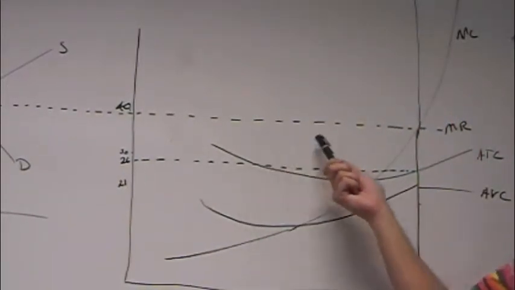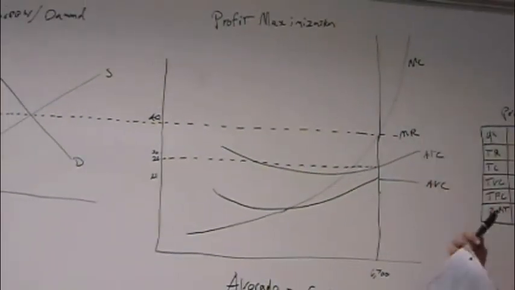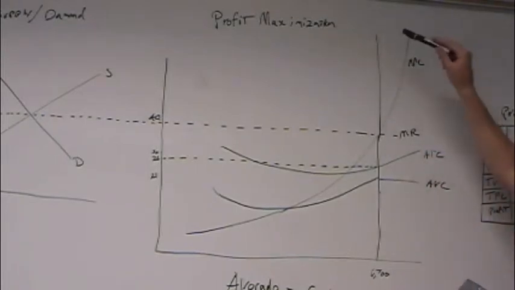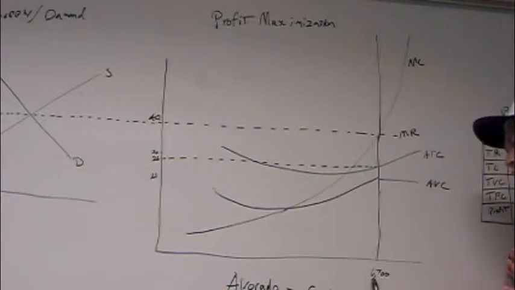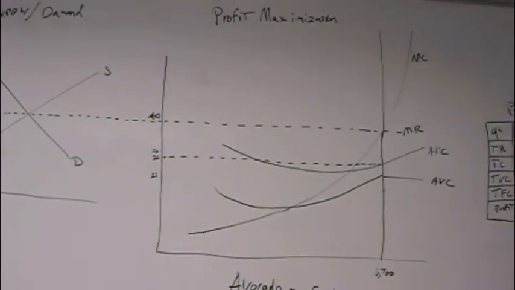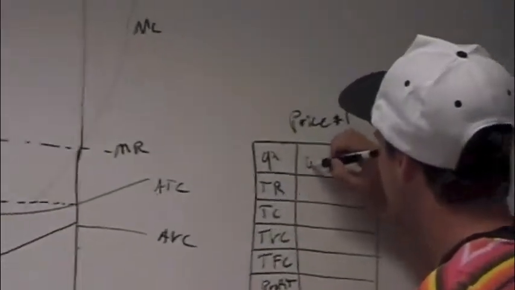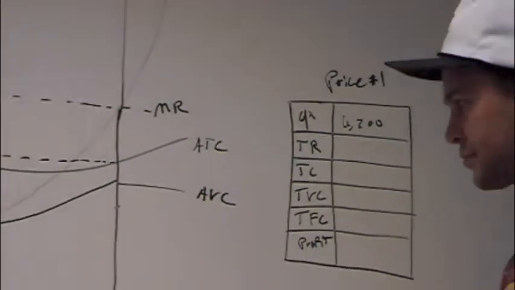So hitting our marginal cost curve, our first step is to draw all the way across to where it hits our marginal cost curve. Our second step would be to draw up and down along the marginal cost curve so it hits our quantity. So our quantity is 6,700. So we're going to write it in our little box over here. So 6,700.